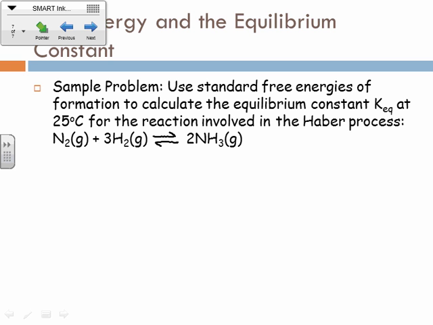The equation we're eventually going to want to use is K equals e to the negative delta G0 over RT, and we can use it as long as we can figure out what the delta G0 for this reaction is.